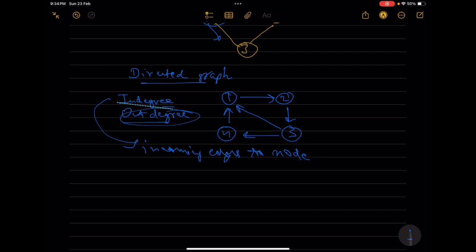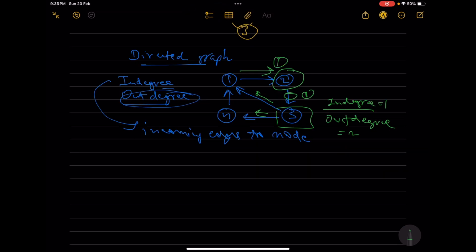For example, let's take this 2. So there is one edge which is coming from 1 to 2, hence the in degree is 1, and there is also one edge which is going from 2 to 3, so out degree is also 1. For node 3, 2 edges are going out. That means for node 3, out degree is 2 and in degree is 1.